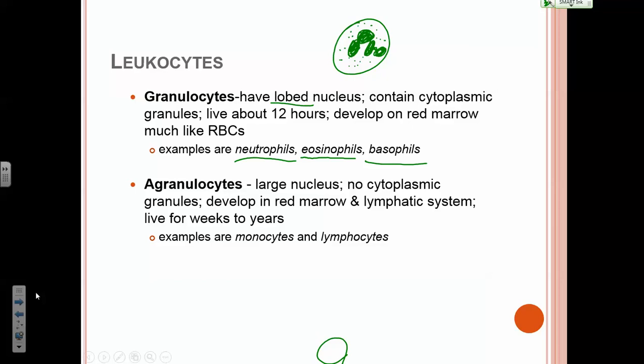So that's a big way you can distinguish between them. They don't live very, very long. You typically are making these, they're being used for whatever process, and then they die. And their production is a lot like that of red blood cells based on hormones.